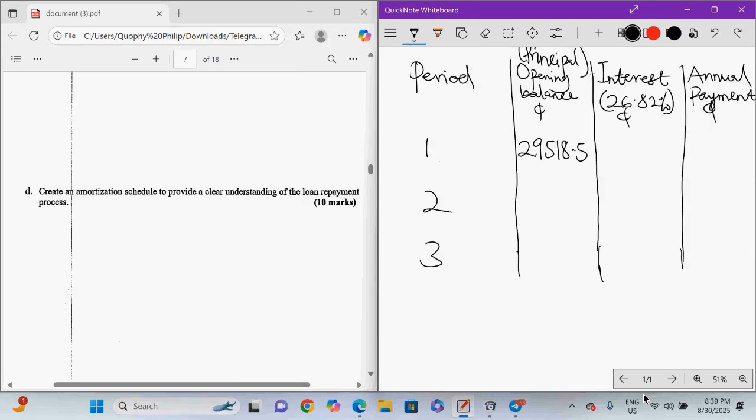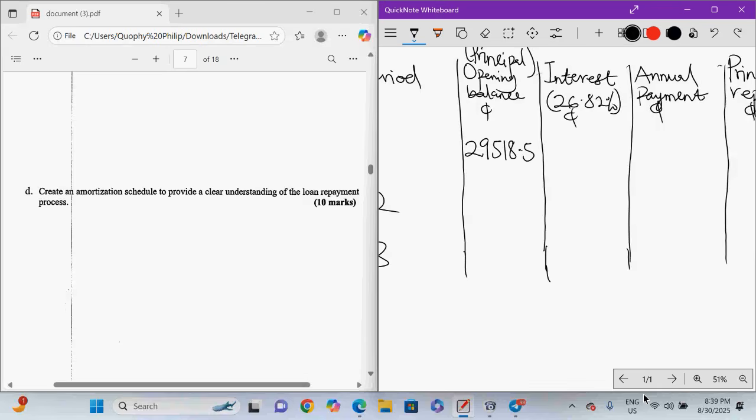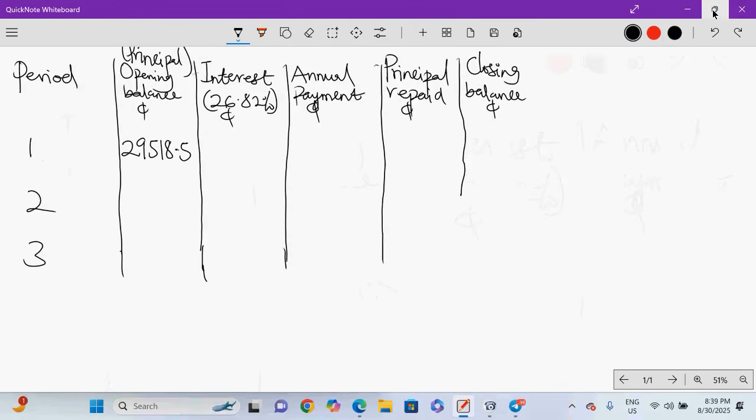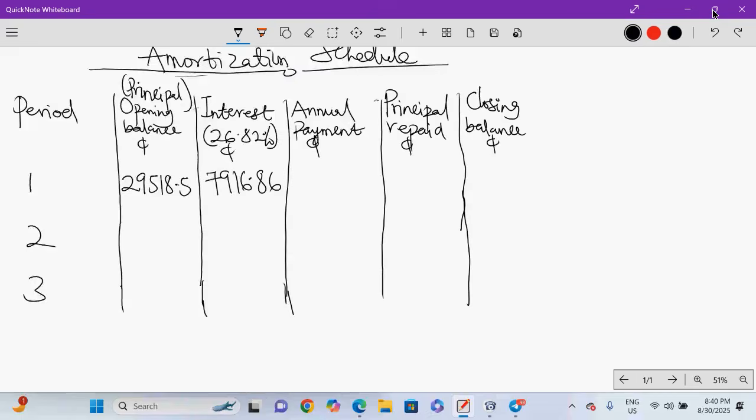So what is the interest on it? 26.82% on the principal is how much? 7916.8617. And then what is the annual payment?